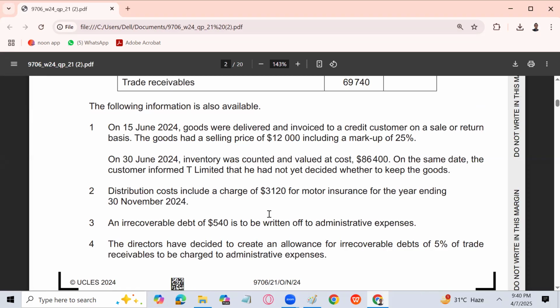So 540 is subtracted from trade receivable, and then you will calculate provision. Then there is a question of sale or return basis. It has four effects actually. It will be added in closing inventory at the cost of the goods sold on sale or return basis, 9,600, and 12,000, the goods which have been sold for 12,000 wrongly, subtracted from sales revenue and subtracted from trade receivable.